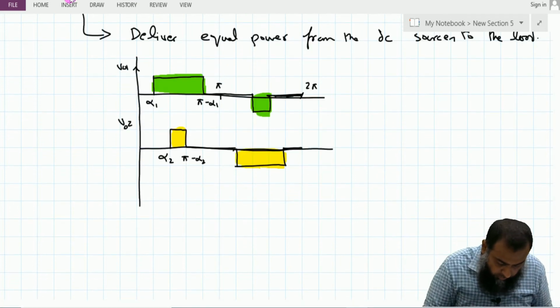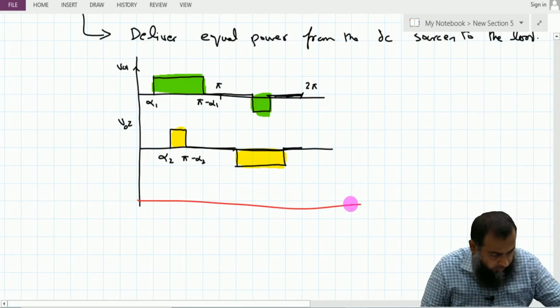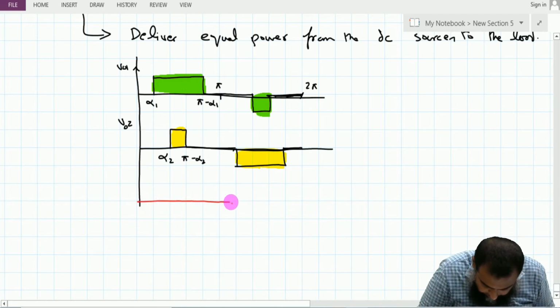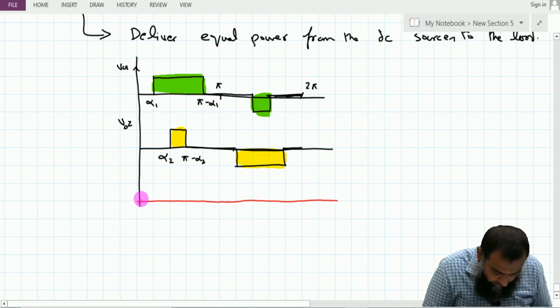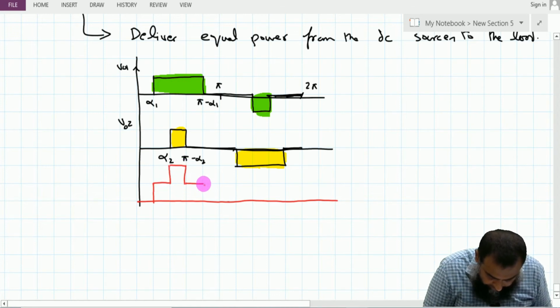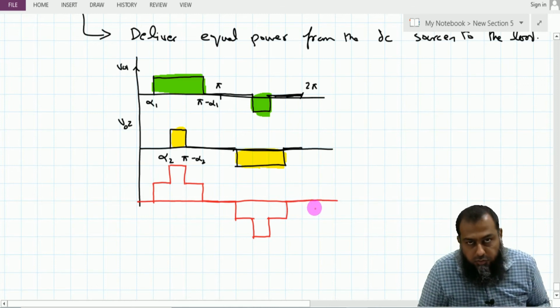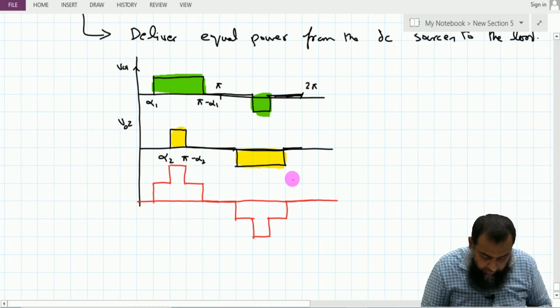If we draw the output voltage, it is exactly the same. Here this is VDC, here we have 2 VDC, again the same voltage 0 here, then this becomes 2 VDC, come back to VDC, and here we end the switching cycle.